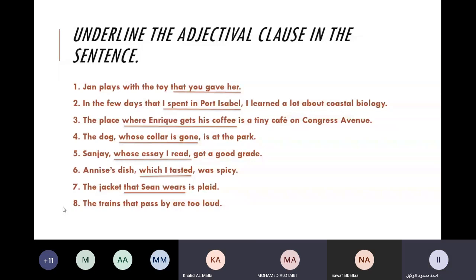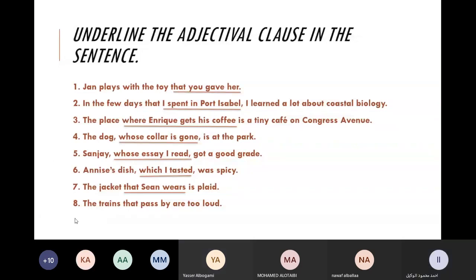The trains that pass by are too loud. The trains that pass. Okay, the trains, they are here. Khalid, yes, sir. The trains are what? Subject, verb, object, preposition. Subject. Where is the verb? Pass. Where is the verb before the trains?